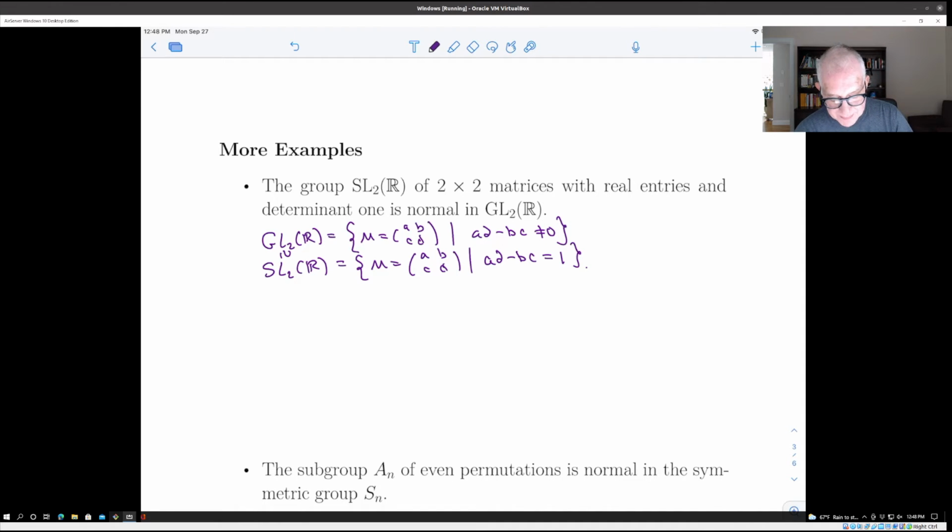So what are the cosets? If we take a matrix G in GL2R, let's use the GHG inverse criterion.